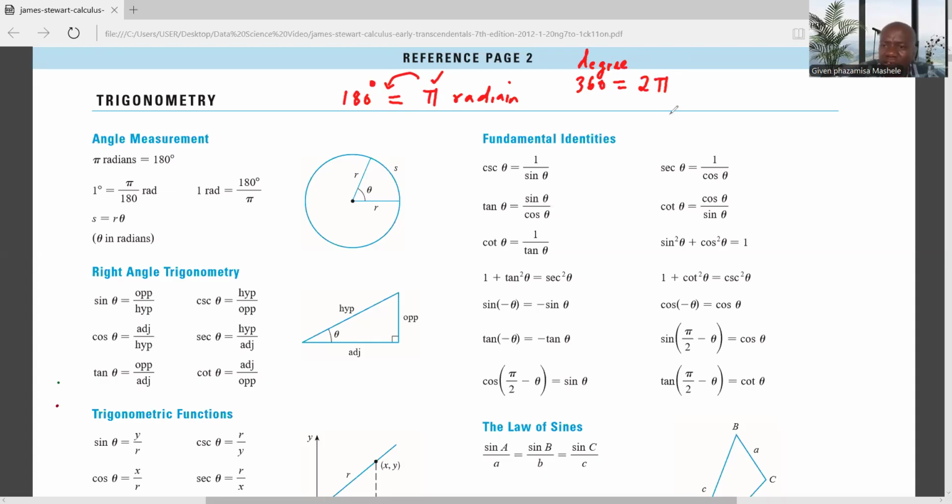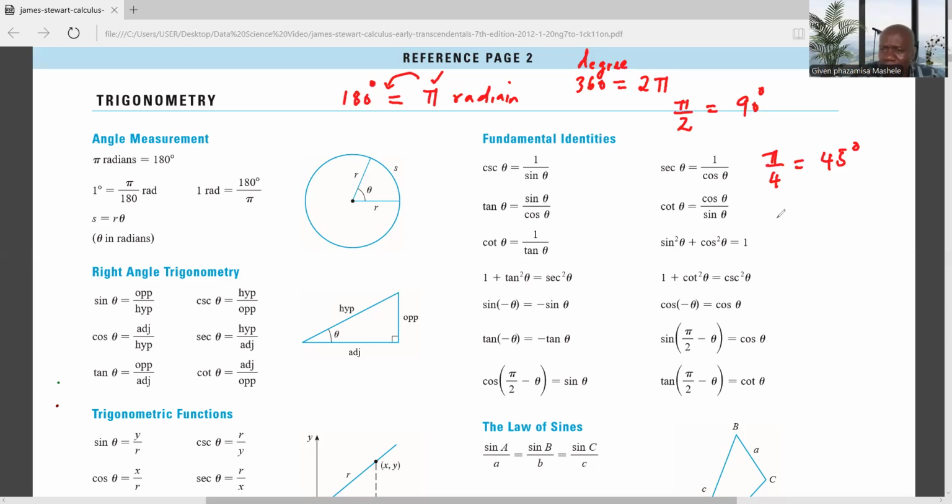For example, if I have pi over 2, ladies and gentlemen, in degrees it is the same as 90 degrees, because remember, pi is 180. If I say pi over 4, this will be 45 degrees. Why 45? Remember, pi is 180, so you're going to have 180 divided by 4, which is 45.